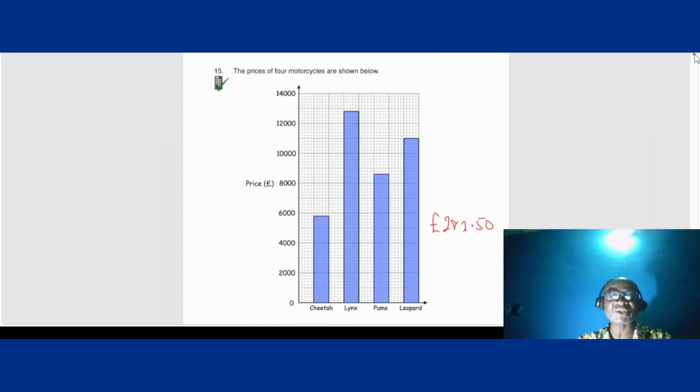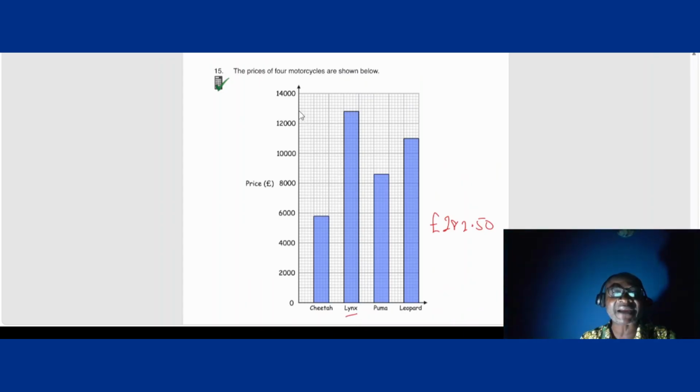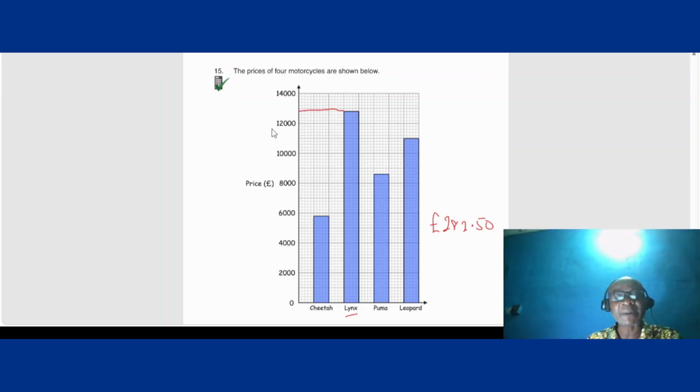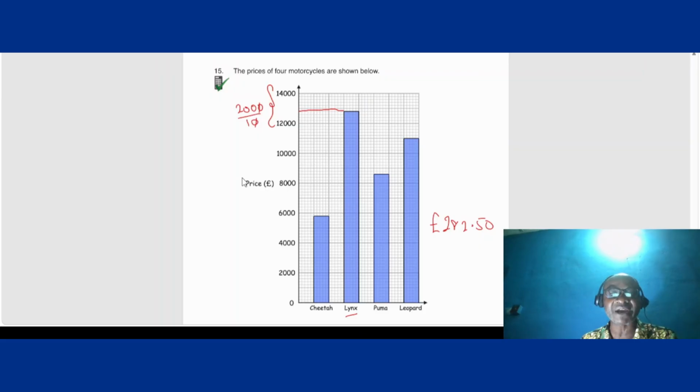For the motorcycle called Lynx, the bar stopped at the fourth line, am I correct? Between 12,000 and 14,000, the difference is 2,000, and there are 10 lines. So if we divide 2,000 by 10 lines, each line is 200.